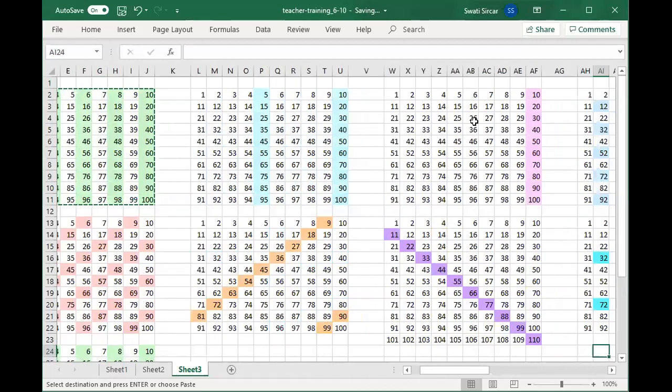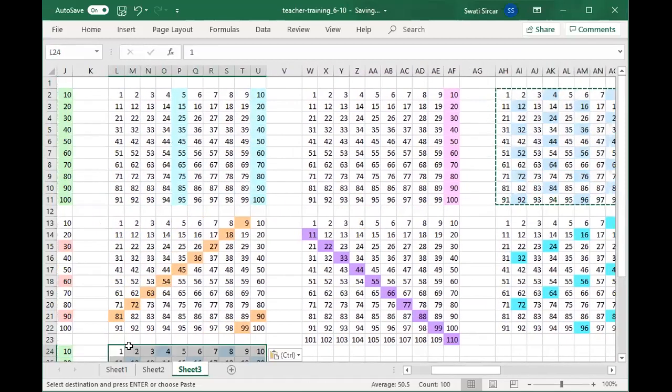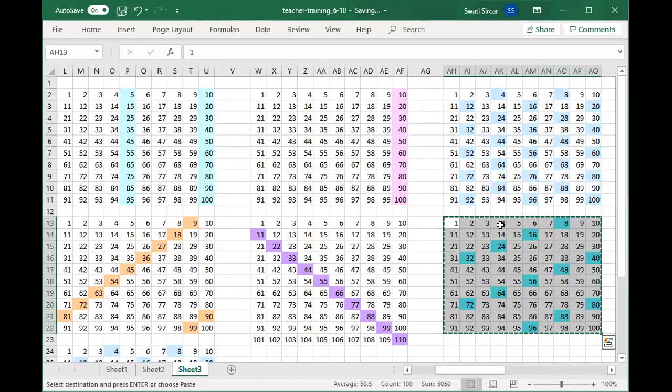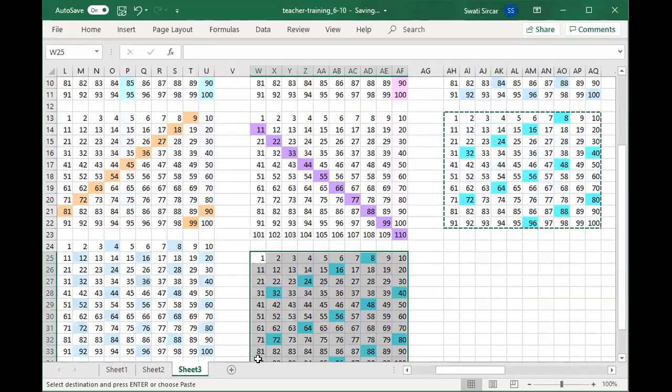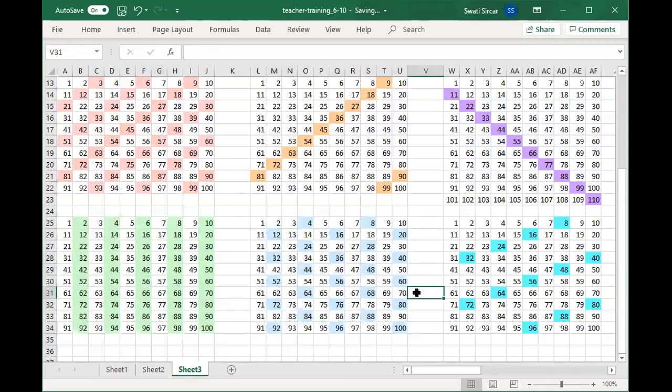That's 2, then 4. Now, can you see that?